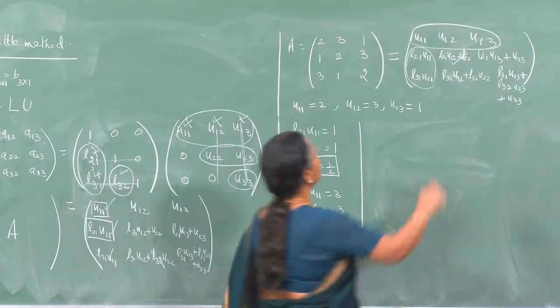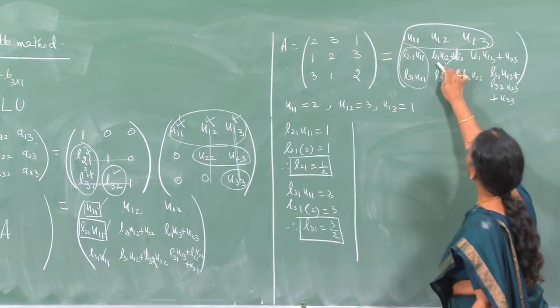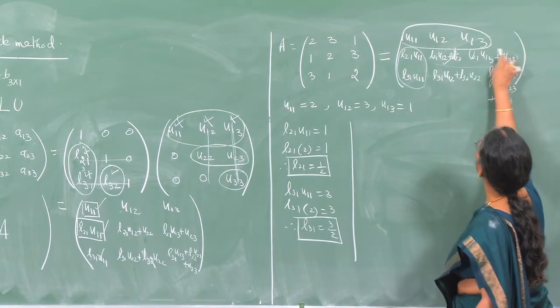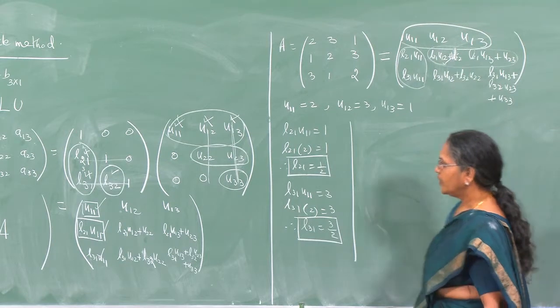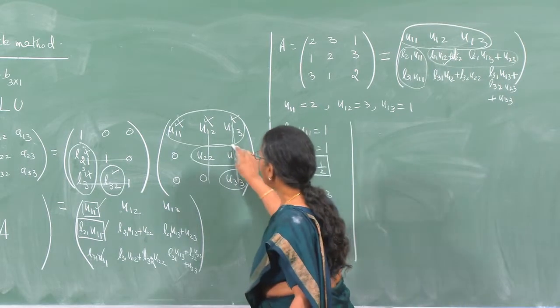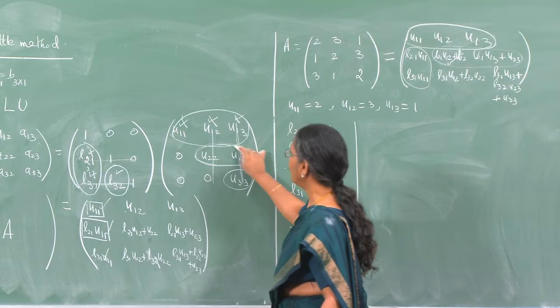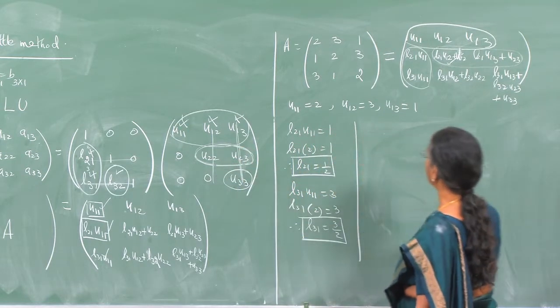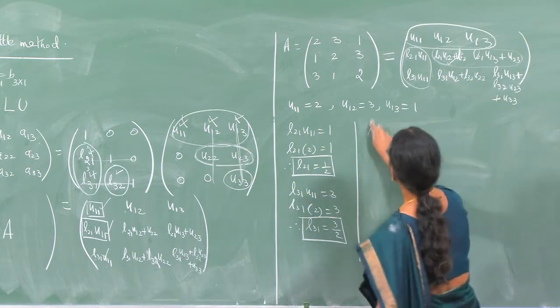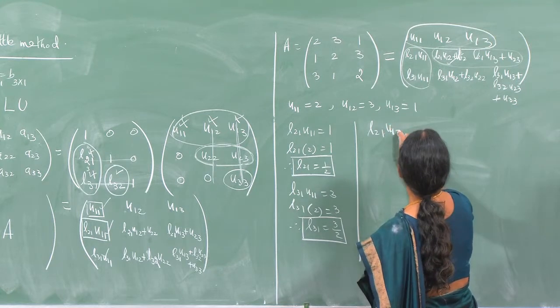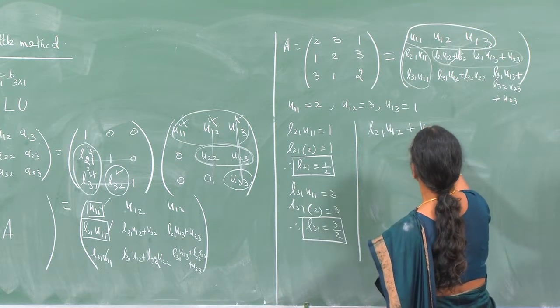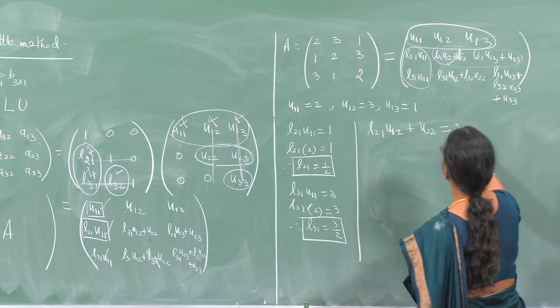We now move on to determining the entries on the second row of the upper triangular matrix. So, we have L21 U12 plus U22 is equal to 2.